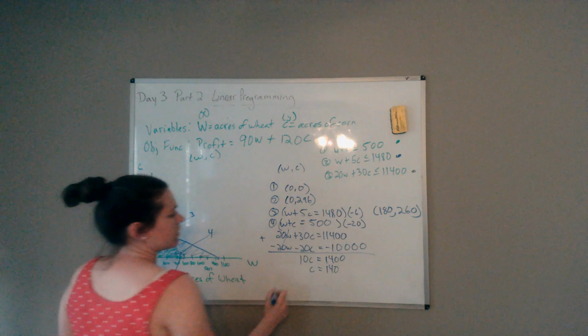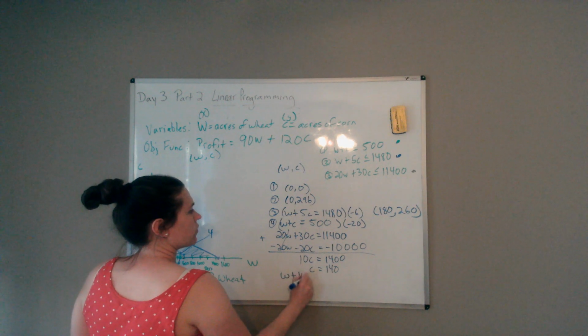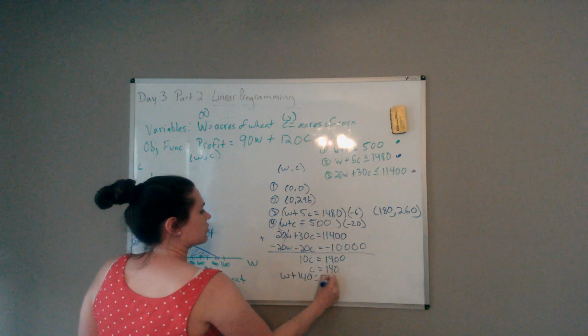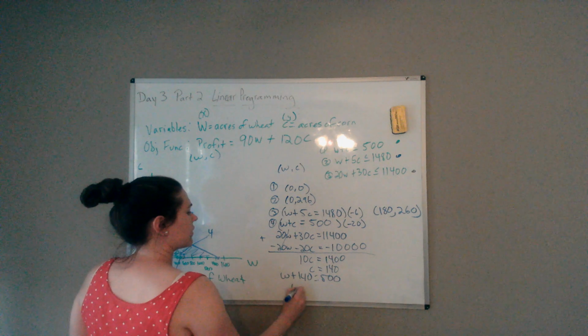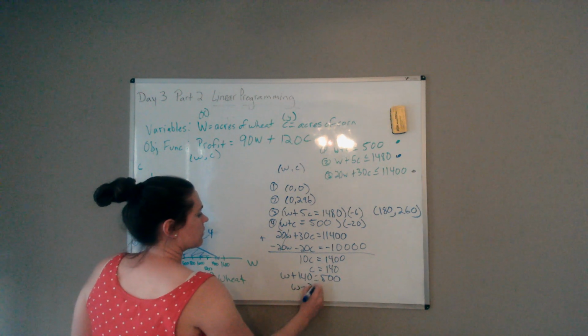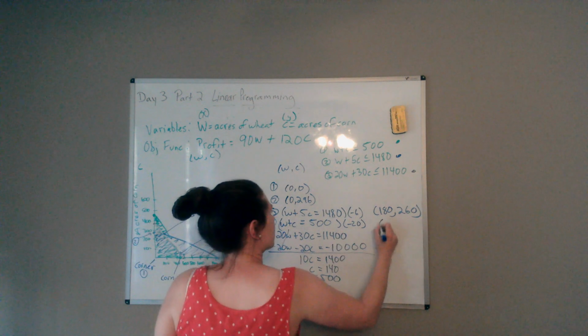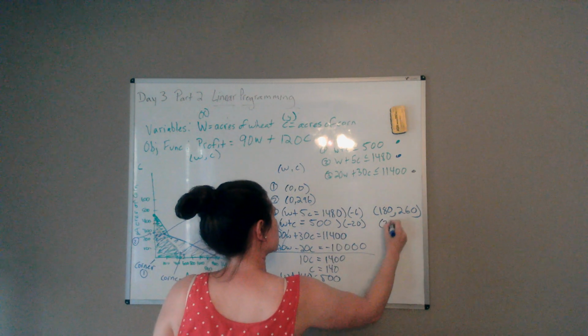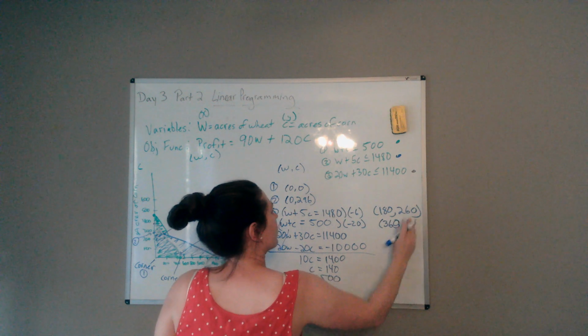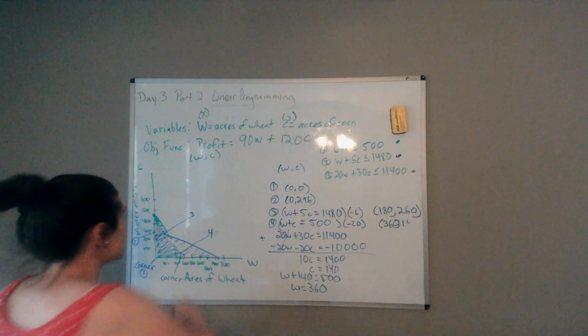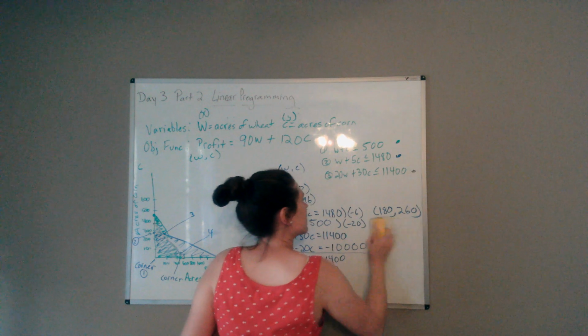Now to get W, plug it in, W plus 140 equals 500. So subtract 140 from both sides, and we get 360. So corner point number 4 is 360, comma, 140.